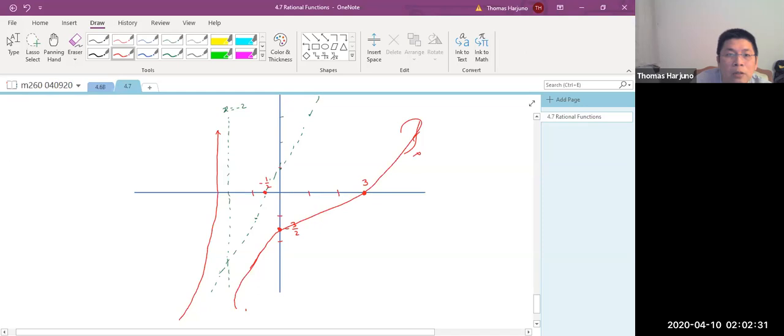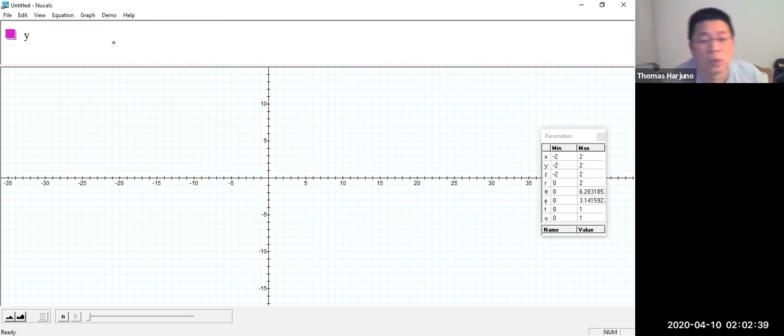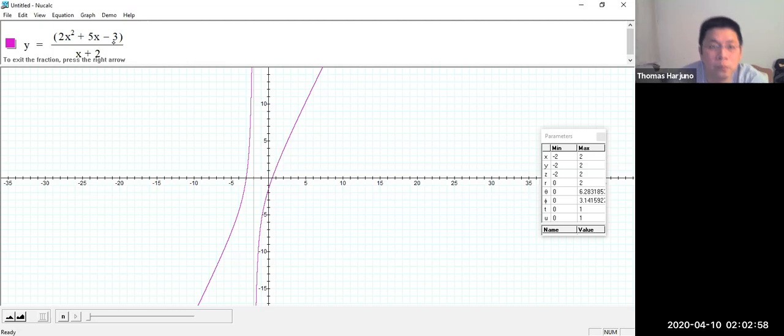Give me a couple more minutes just to show you this graph here. y equals, what do I have on the top? 2x squared plus 5x minus 3, divided by x plus 2. I get the wrong information from one of you. -3.